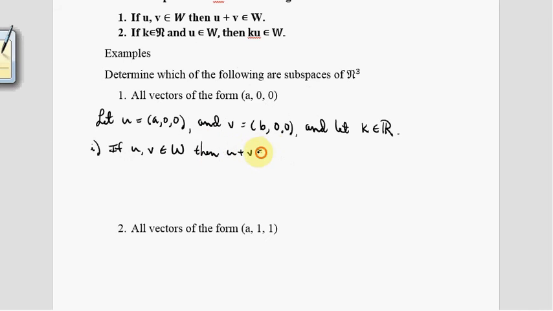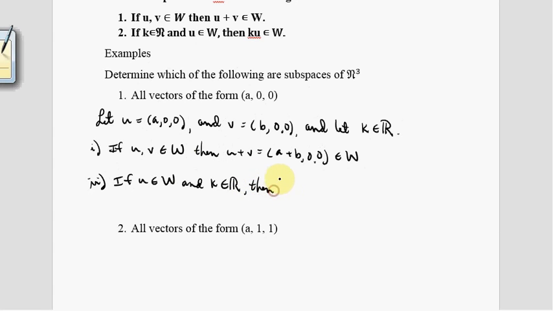Then U plus V is equal to A plus B, comma, 0, comma, 0. That's still of that form. Secondly, if U is in W and K is a scalar, then K times U is equal to KA, comma, 0, comma, 0.